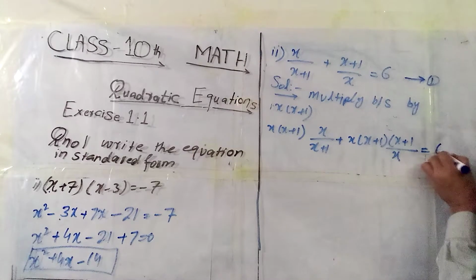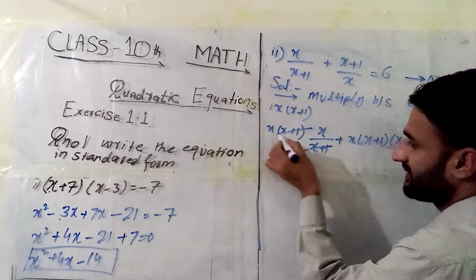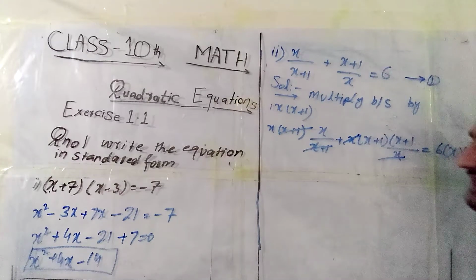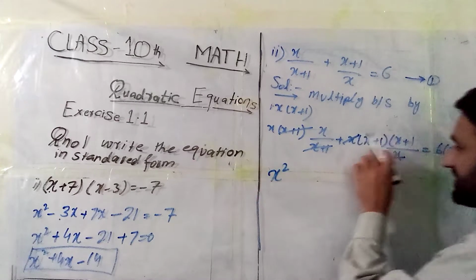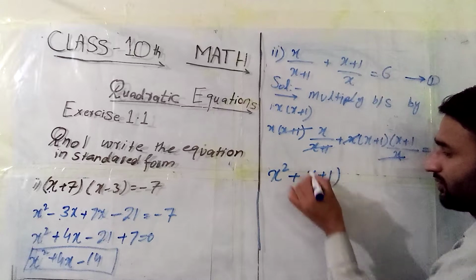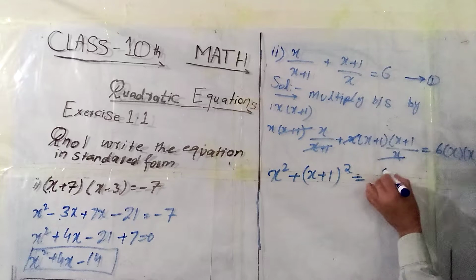Here will become 6 into x plus 1. You can notice that this x cancels, and this term will cancel. So here is x square. This term and this term will become x plus 1 whole square term. Here will become is equal to 6.